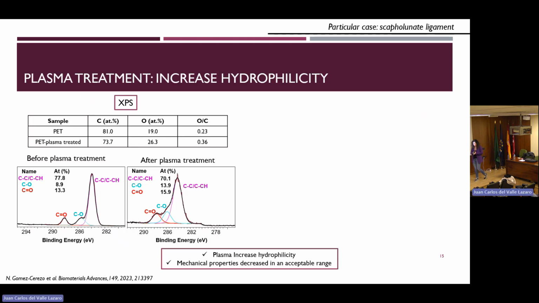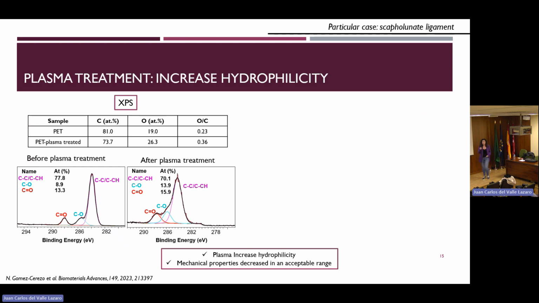But I have another disadvantage here because, as I mentioned, PET is very hydrophobic. I need to increase the hydrophilicity. How did I do that? I applied a plasma treatment in a current of oxygen for about 10 minutes, and I observed that the scaffolds increased the amount of oxygen on the surface. I was breaking the surface a bit, and I got more C-O bonds on the surface, which increased the hydrophilicity.